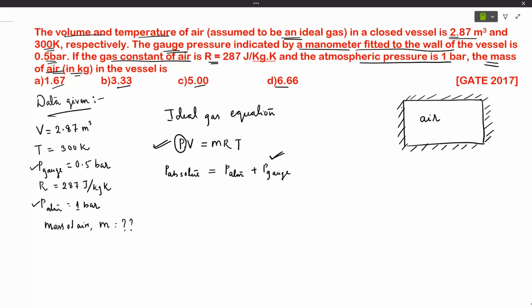So now there is no confusion about which pressure to consider.